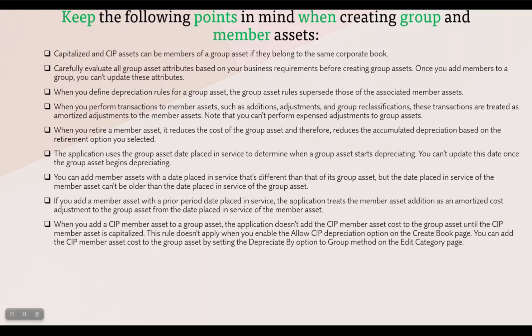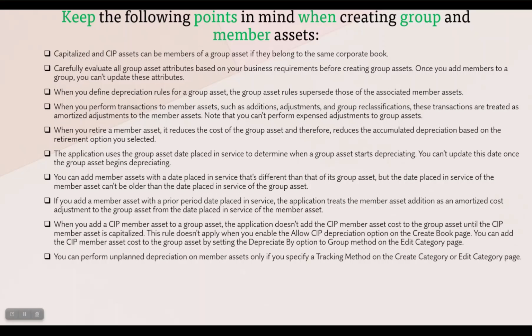This rule doesn't apply when you allow the CIB depreciation option on the create book page, which we will see later during setup for the corporate book. Also, you can add CIB member asset cost to the group assets by selecting the depreciation by group method option on the edit category page.